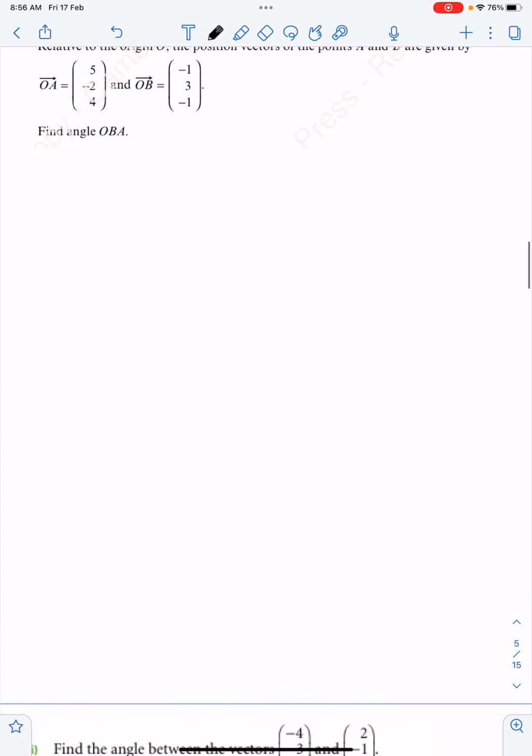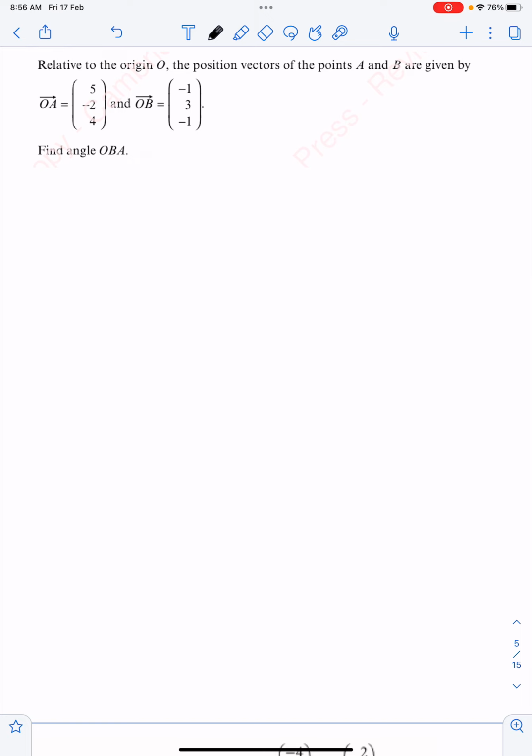Let's move on. Relative to the origin, the position vectors of the points A and B are given by this. This is OA and this is OB. Find angle OBA. Now, whenever you have to find out the angle, you can take the vectors BO and BA and find out their dot product. So BO, if OB is this, even if you take OB and AB, that does not make a difference.